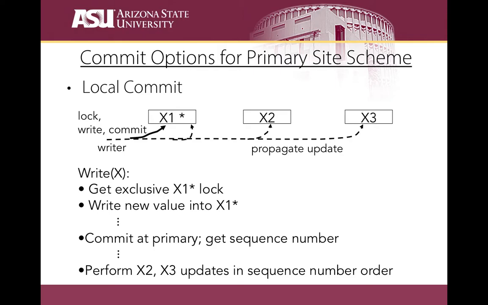And the good thing about this is that you have the replicas, you update them, and if the primary site goes down, you have a guarantee that these values will be updated also, and you can elect one of them to be the primary site. All right?